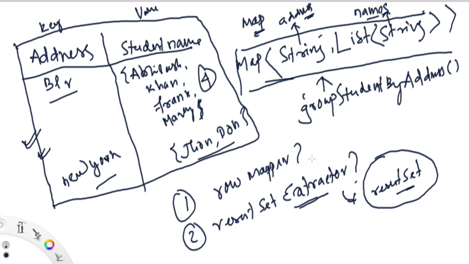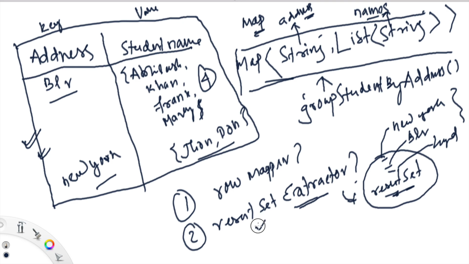Then you can decide, okay, for this particular record the address is BLR. For this particular record the address is Hyderabad. For this particular record the address is New York. So once you get hold of the complete result set, you can actually track who is from which city, and the way you can achieve it is by using the ResultSetExtractor.